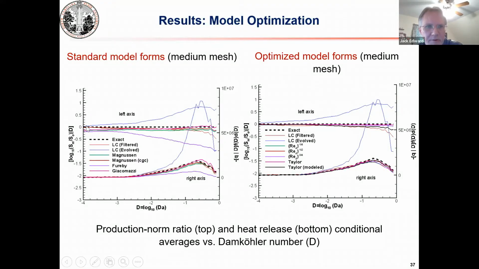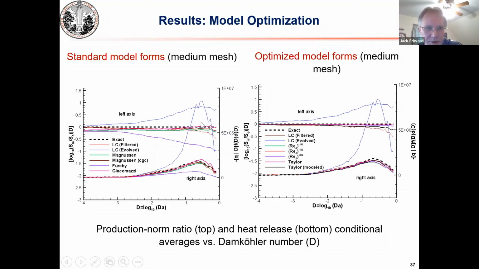If you look at one of these charts, for example, the truth model here is the dotted line. For the production norm, it's 0 because the log of 1 is 0. For the heat release measure, it's again some amalgamation of the Reynolds number effects. And so you're getting this distribution that peaks toward higher values of the Damkohler number.